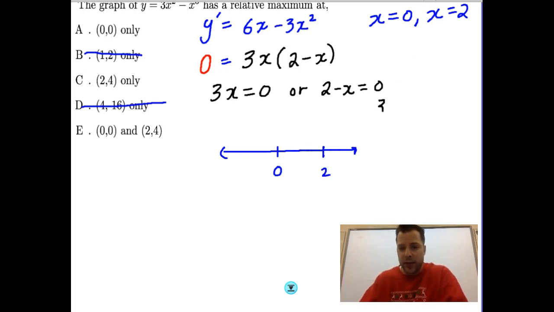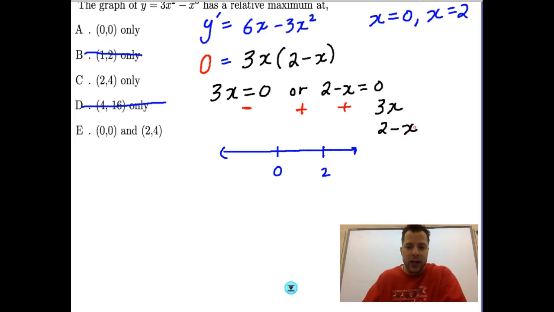So I'm going to put 3x here and 2 minus x here. I know that if I plug a number in for x and it's greater than 0, 3x will always be positive. So I'm going to put a plus sign here and a plus sign here. If I put a number less than 0 into 3x, my answer is always going to be negative. This is why we call it a sign analysis.